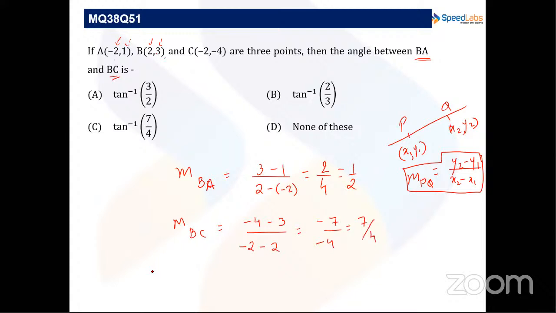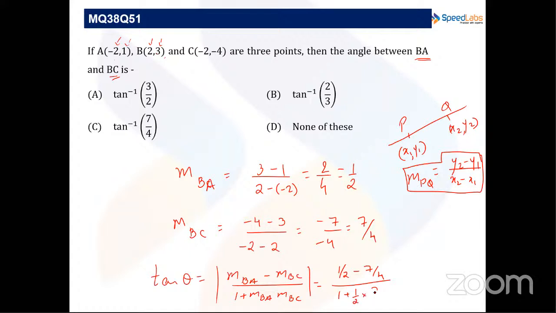So that will be minus 7 upon minus 4, that is 7 by 4. Now applying the formula, tan theta is equal to mod of... putting the values, we will be getting (1 by 2 minus 7 by 4) divided by (1 plus 1 by 2 into 7 by 4).